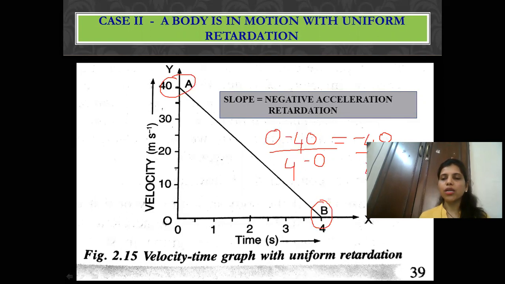So 4 ones are 4, and 0. So that is minus 10 meter per second square.